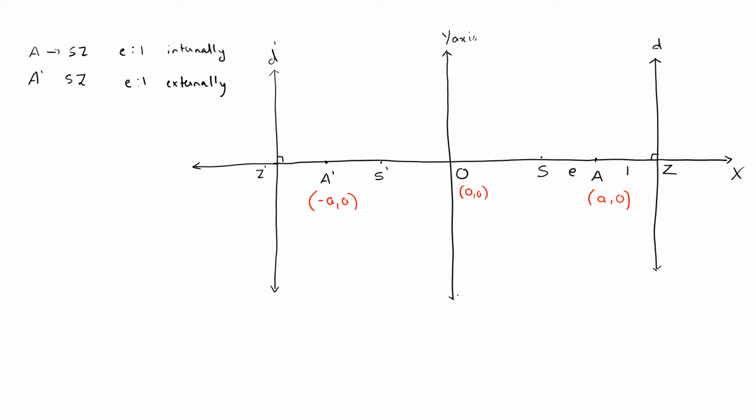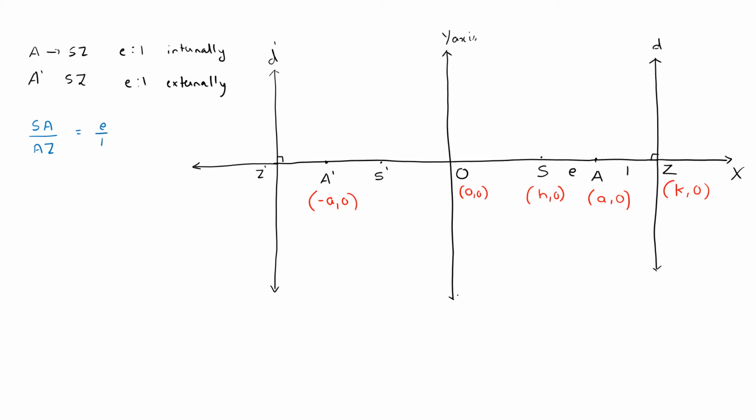Correct? Now to make it simpler, let Z be (k, 0) and let S be (h, 0). Now my task is to find the values of h and k. So now you know SA upon AZ क्या आएगा?